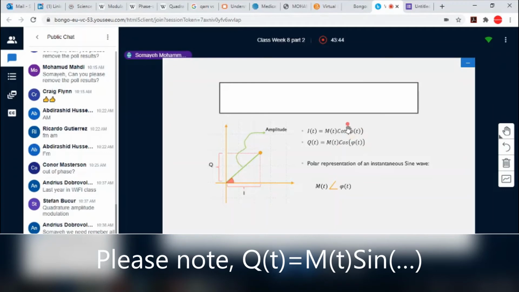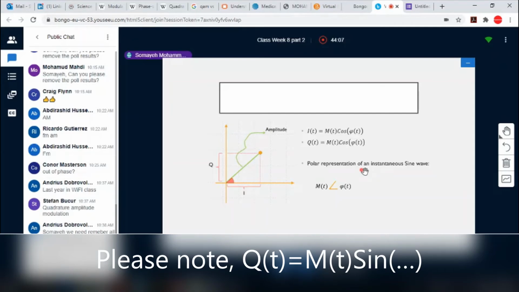So the phi(t) is referring to the phase, and these two are the images of the point that I'm representing here.